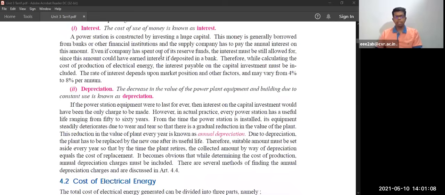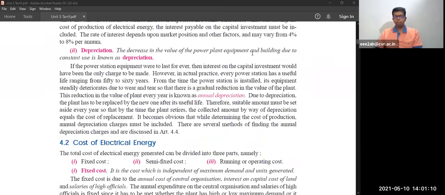Then depreciation means the decrease in value of the power plant equipment and buildings due to constant use. For example, you are buying a two-wheeler. In the first year, it is giving 70 kilometers per liter.